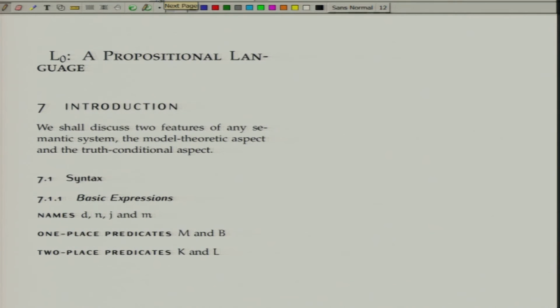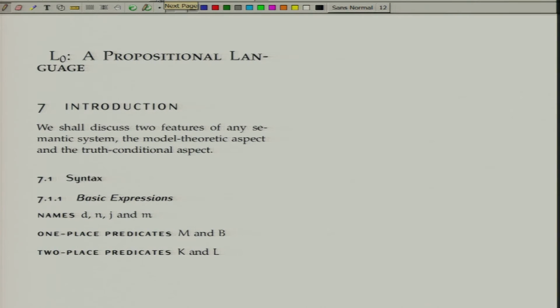Now our L0 is a propositional language. So it has words and it has the logical connectives. What makes it a propositional language? The logical connectives, that is it has neg, or, and, if then, and if and only if.